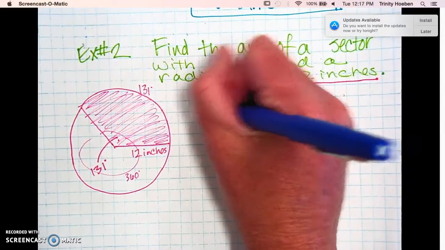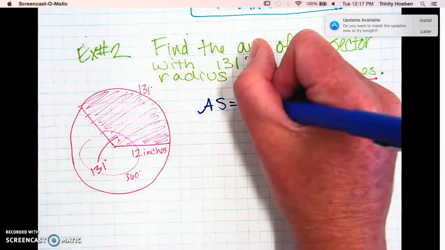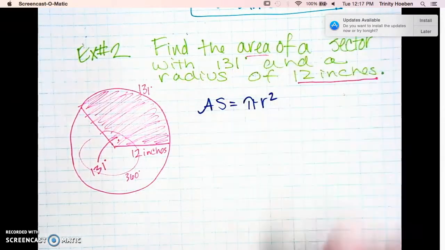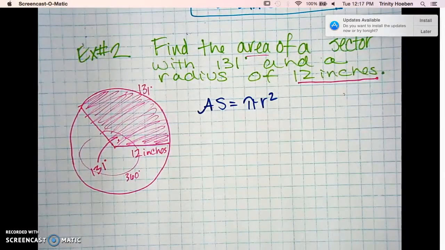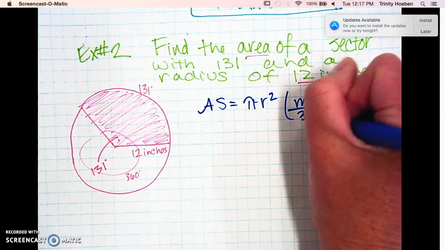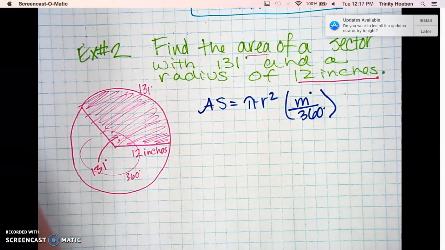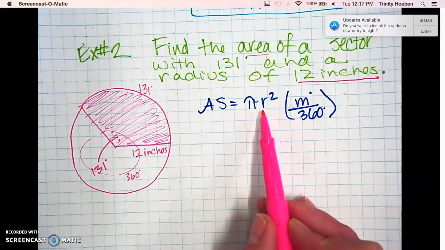First thing you want to do is write down the area of the sector formula, which we just put on your formula sheet. So it's pi r squared. Pi r squared would give us the full circle. We only want part of it, so we're going to say the angle measure over 360. And now we just want to plug in our two pieces of information.